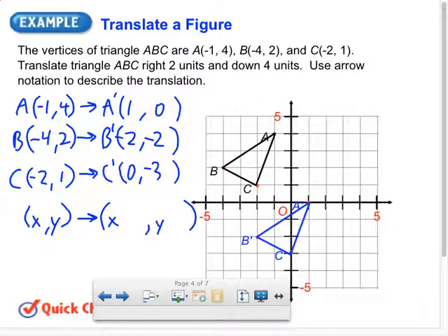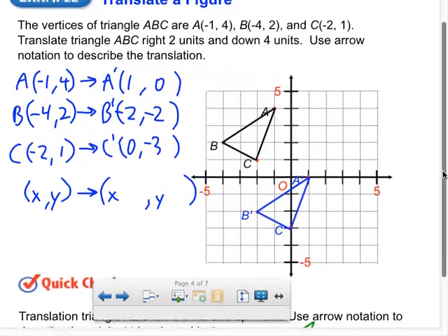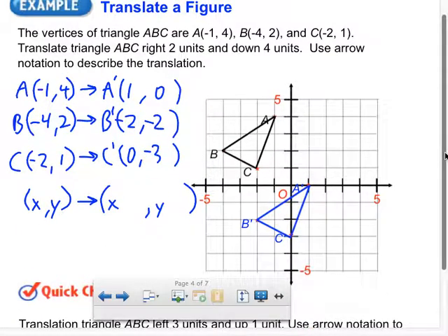Okay, I'm going to use red. What am I doing to the x coordinate? Plus 2. What am I doing to the y coordinate? -4. Do you see how easy arrow notation is? Yes. Okay. So that's the rule of the translation.